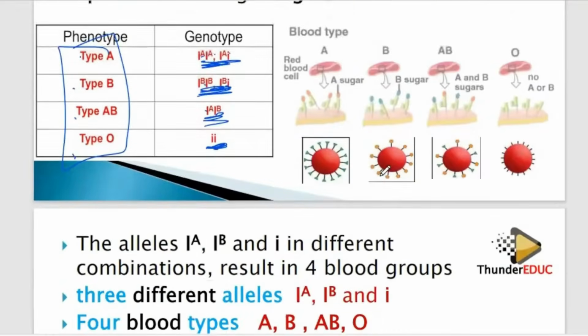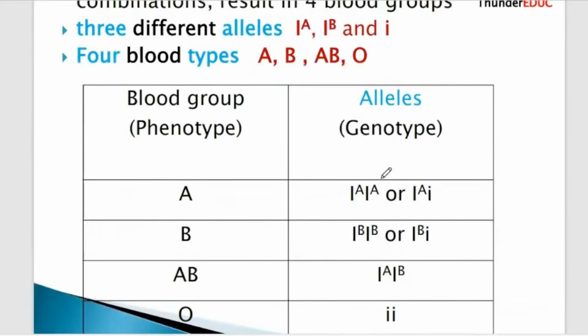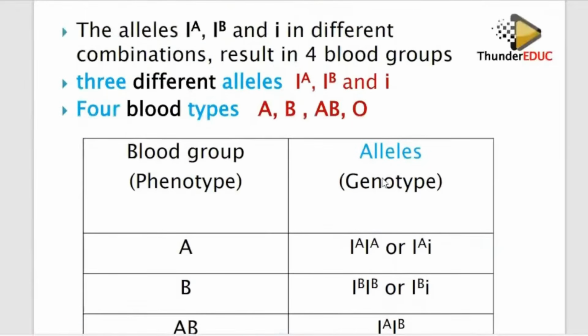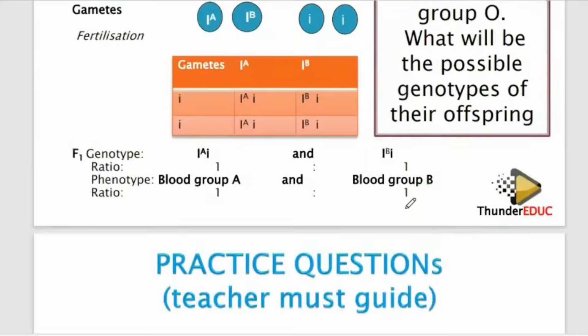Then they're saying that 3 different alleles give 4 blood groups or types, which we call the phenotypes. So it's A, B, AB, and O, so that you understand.